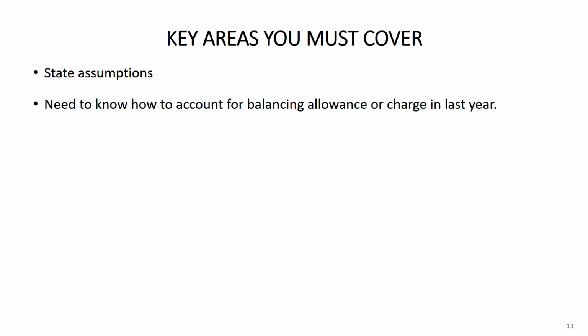It's very simple. Let me give you an example. Let's say an asset, a plant and machinery which you have been holding, is sold in the last year for 5,000, right? And it's the reducing balance method, and your reducing balance at the end of the last year is, let's say, 9,000.